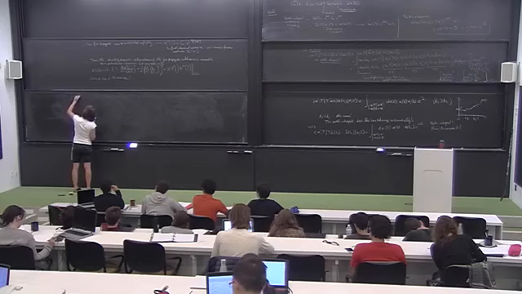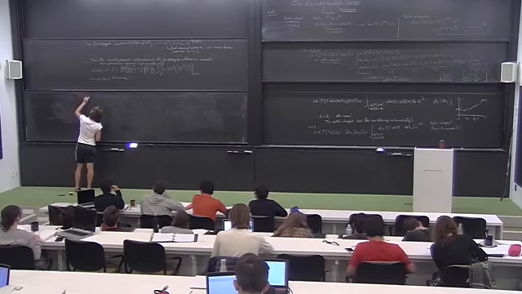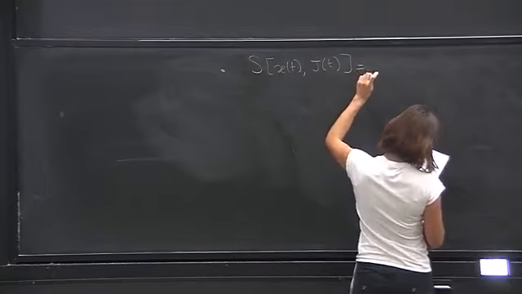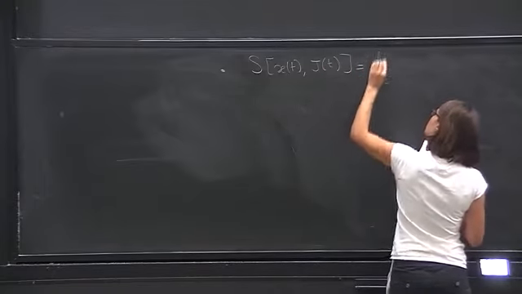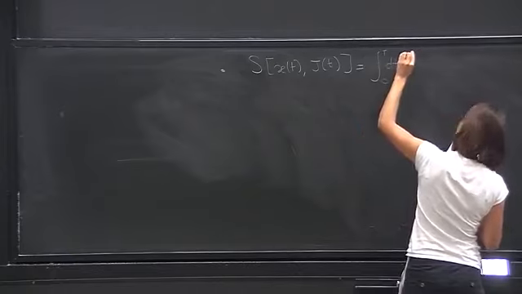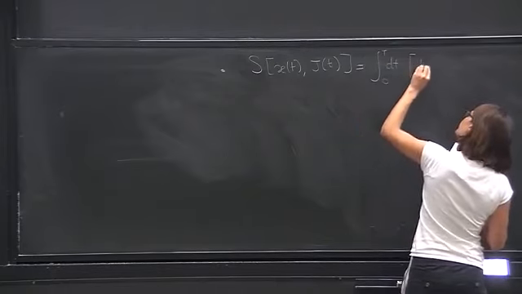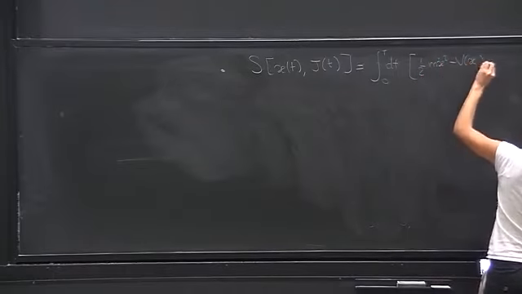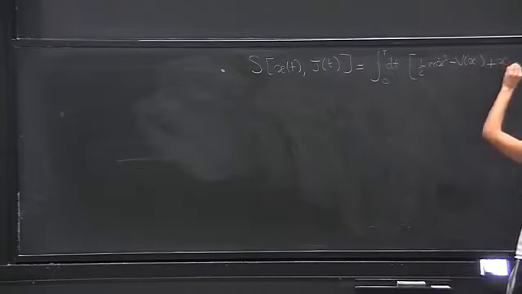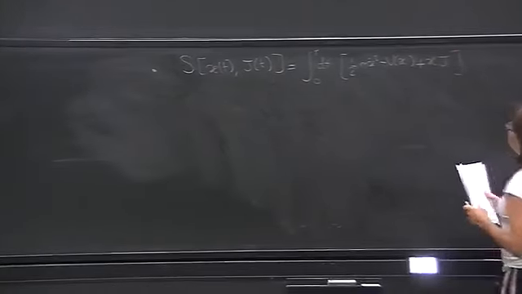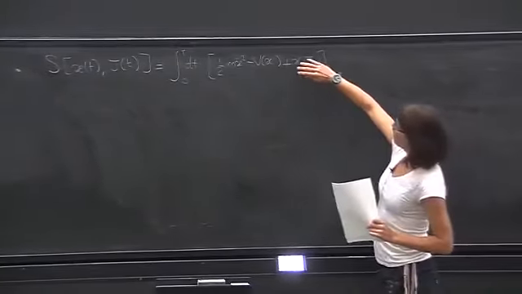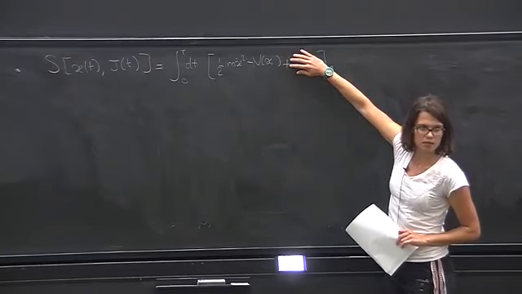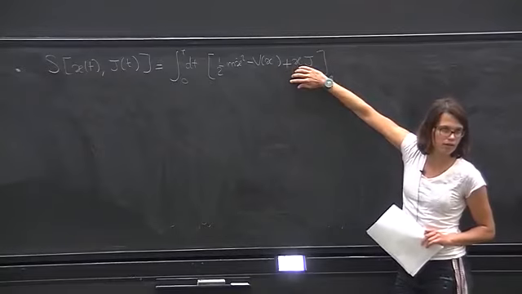So we're going to consider this action with a source term. And really the idea is that if I know how to compute the path integral with this action, adding this linear term in X is not going to be an issue, okay?